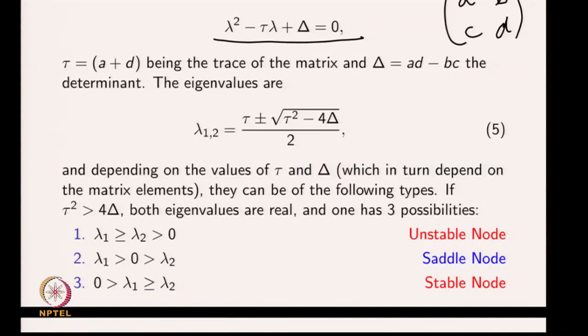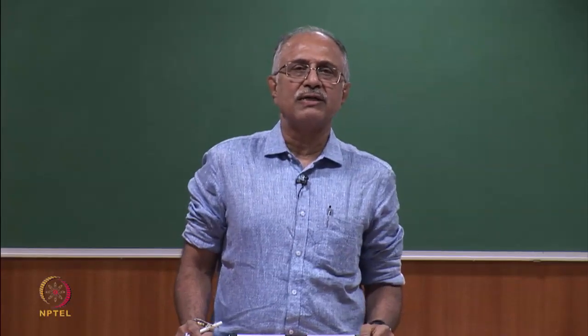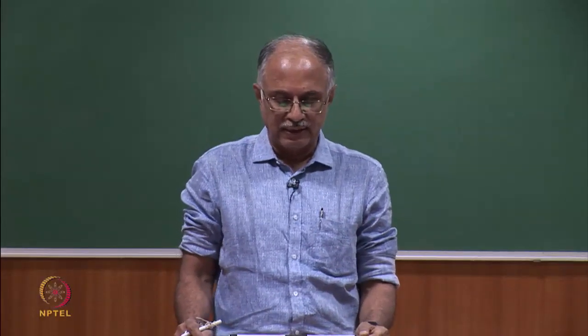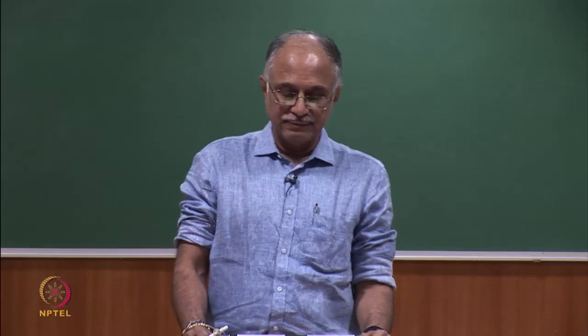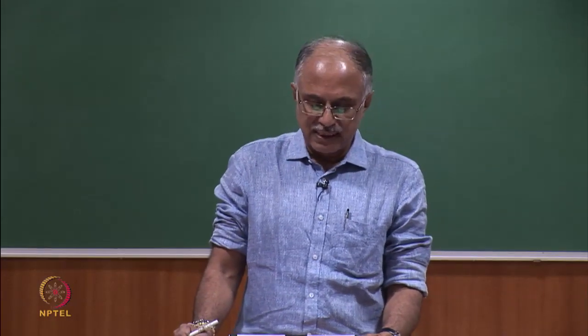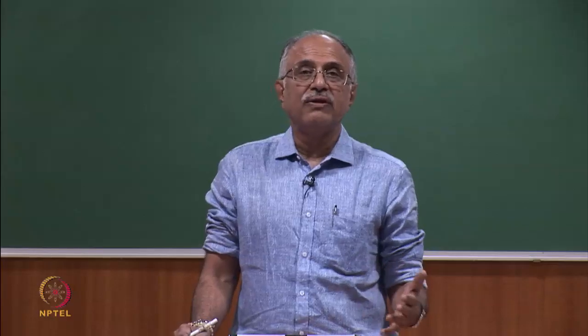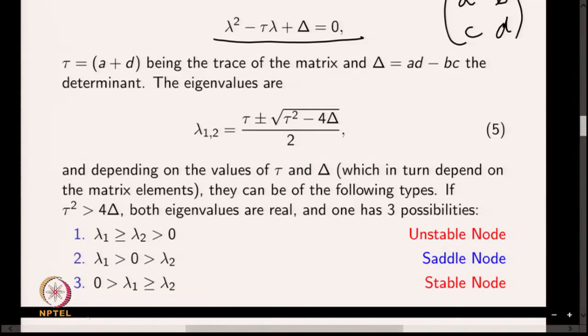And now the difference from one dimension begins to be seen over here, because depending on the values of tau and delta, which of course depend on the matrix elements themselves, there can be several possible cases. To start with, if tau squared is greater than 4 delta, then the discriminant is positive.